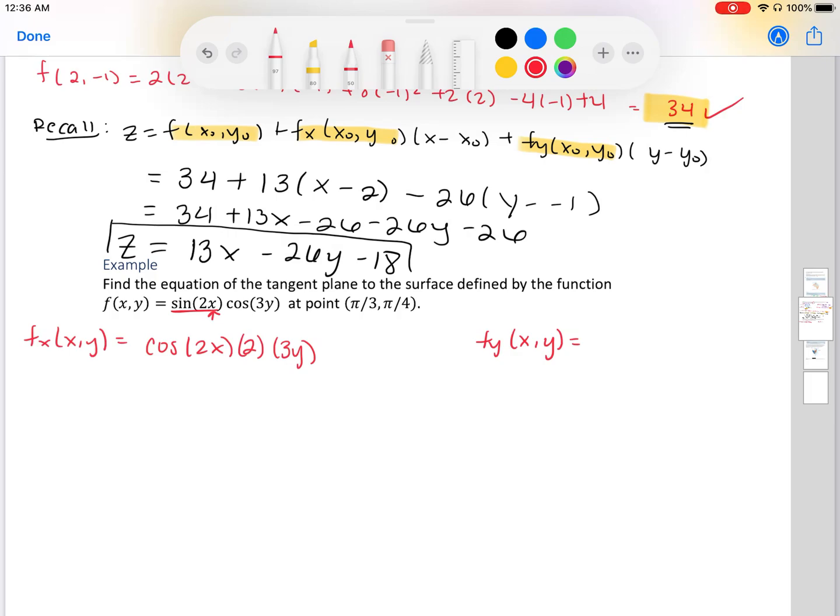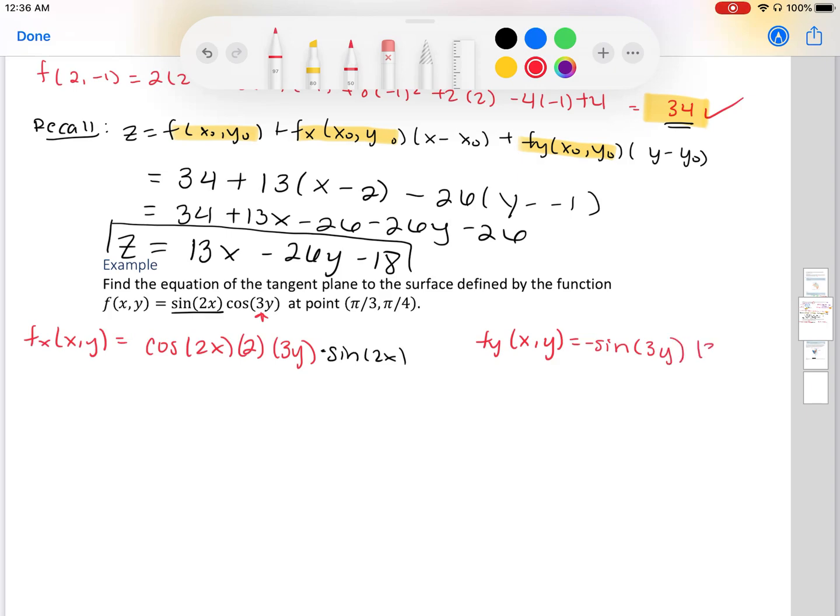Okay, our derivative in terms of y. Well, similar idea. I just want to keep my eye on the y. I still need to bring this down because it's a constant. So sine of 2x. There we go. Now for y, I want to look at the y, and the derivative of cosine is negative sine. So I have negative sine of 3y.